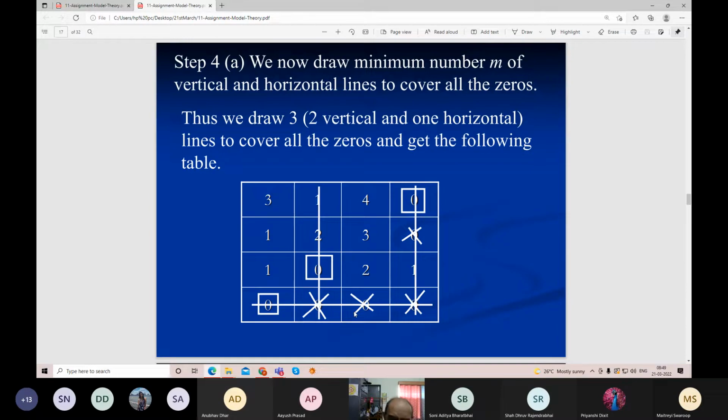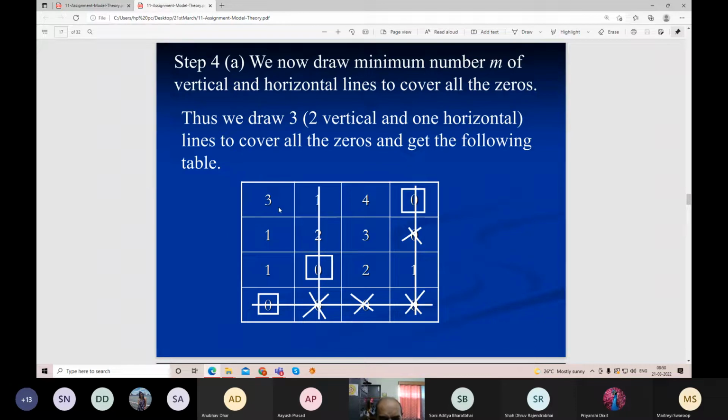What we have observed is that using one horizontal line, the last row, and two vertical lines, we can cover all the 0s. Whatever you have covered is the covered element, and the rest of the elements are uncovered elements.